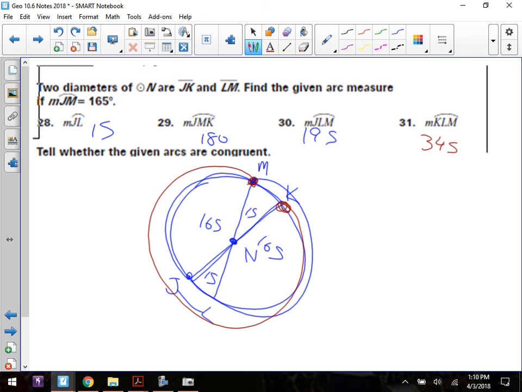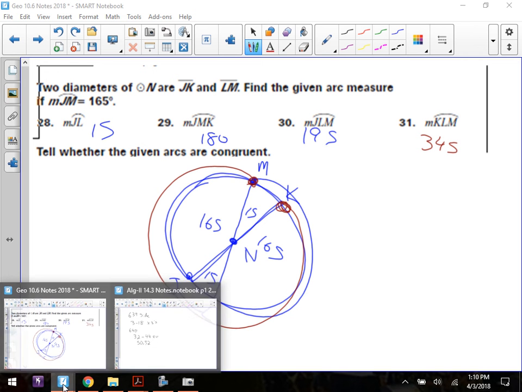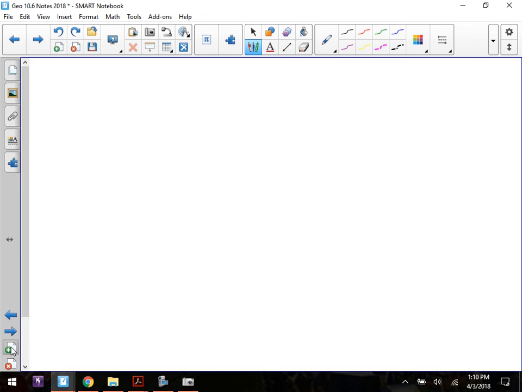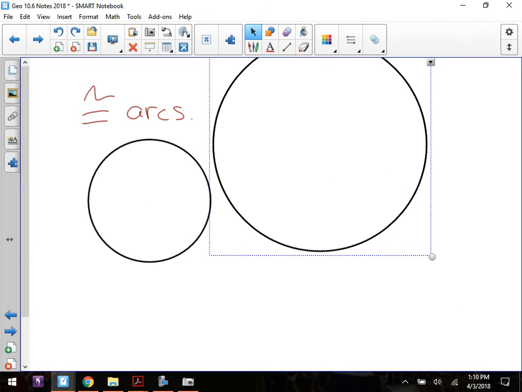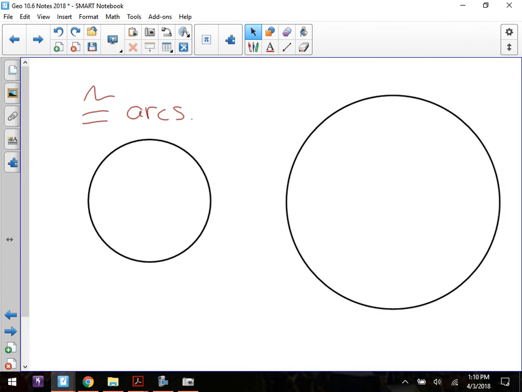The other little bit, really all we'll have time to get through for today, is this idea of what's called congruent arcs. Do you guys agree that these two circles both have 360 degrees? Okay.